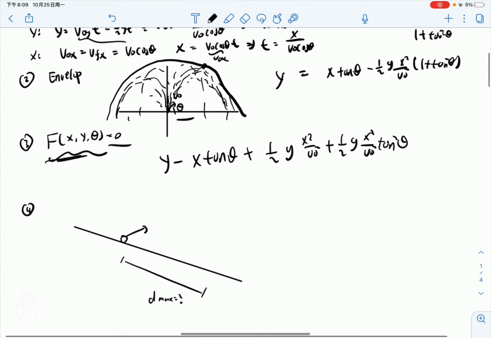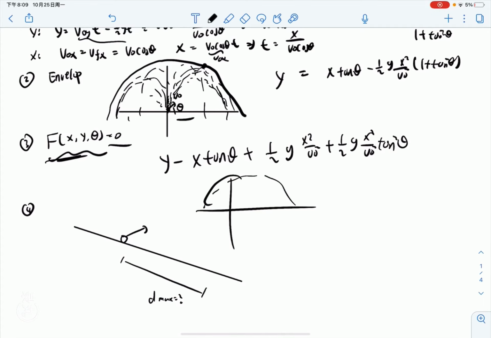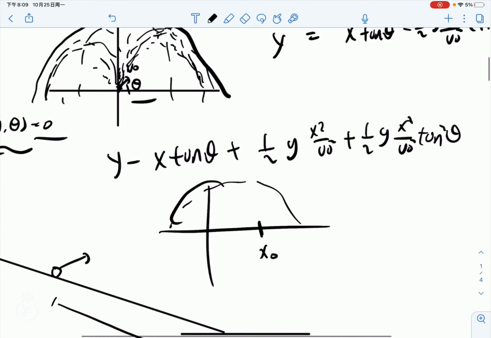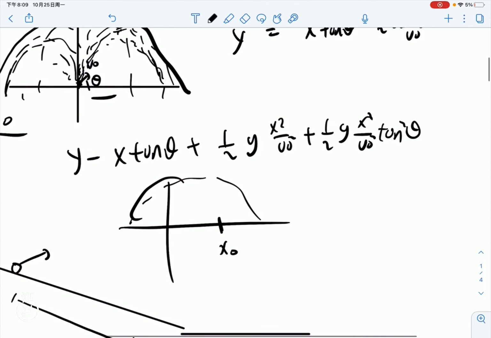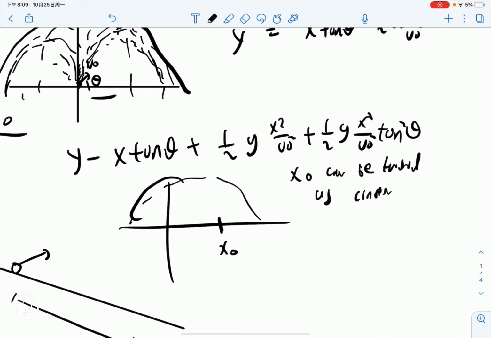So if you have a certain x, x in this case can be treated as a constant. You want to find the maximum of y. So how do you do this?